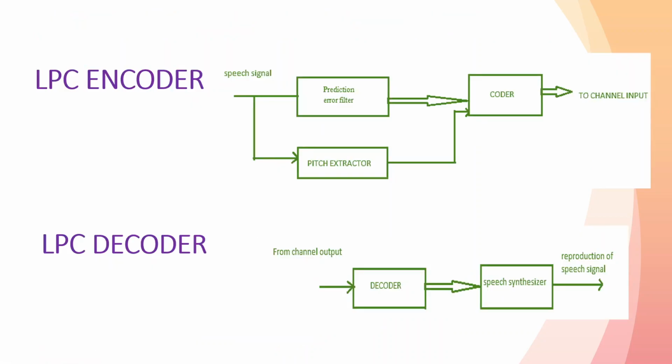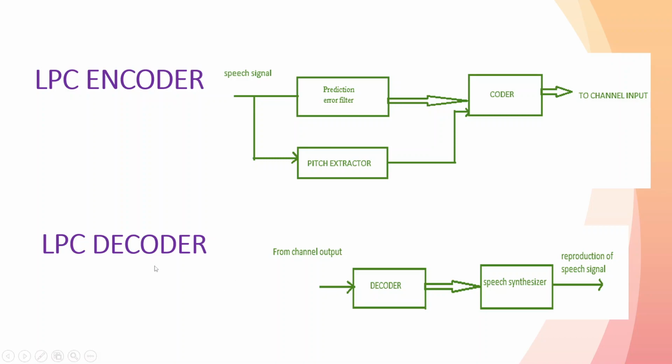Next, coming to the LPC encoder. How the encoder works: it takes the input speech signal, and from the speech two parameters will be extracted: prediction error filter coefficients as well as the pitch extractor. Here the pitch period will be extracted, and these two features of the speech will be given to the coder, which converts the given input into digital bits, and it is transmitted through the channel.